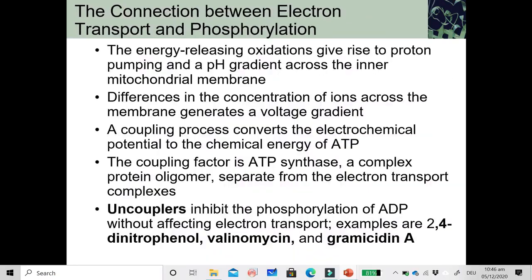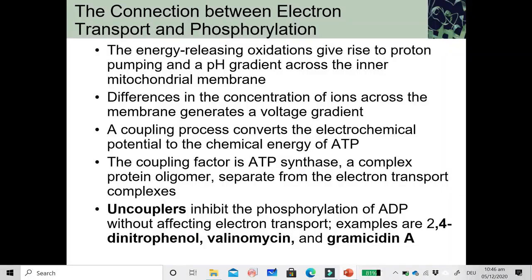We have been asking ourselves how the electron transport chain is related to oxidative phosphorylation, that is, to the synthesis of ATP. The answer is that along the way, when electrons are transferred from NADH ultimately to oxygen, in these complexes the protons are pumped from the matrix to the intermembrane space, creating a gradient.